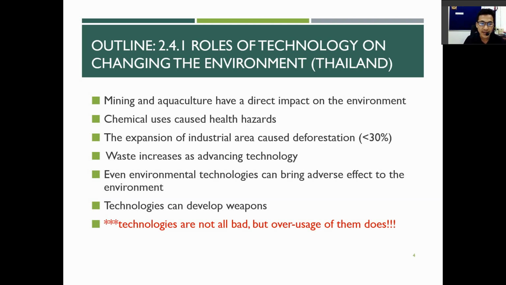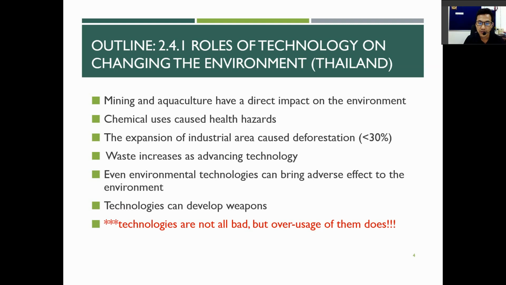And waste increases as technology advances, and some of the garbage is non-degradable. We have to come up with some idea to produce something that can be degraded, maybe by microbes or some other method that can clean it up after all. Otherwise we keep collecting waste over and over from time to time.